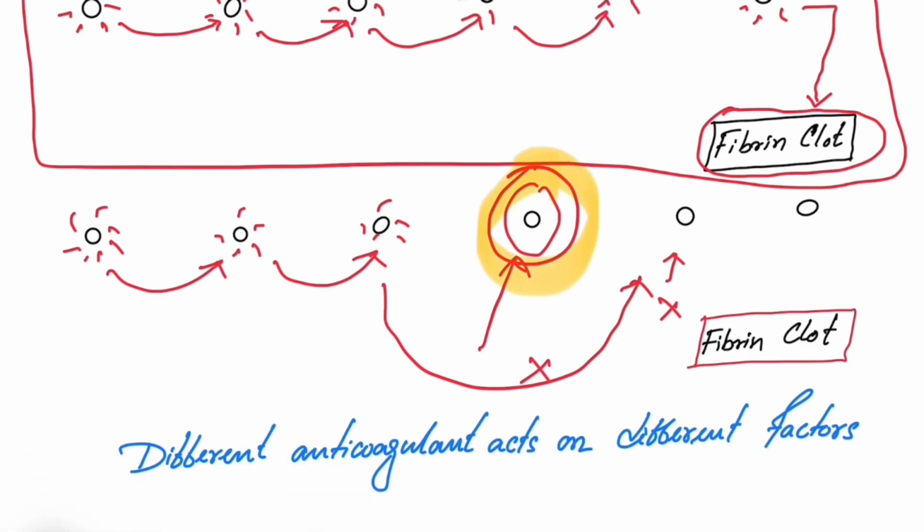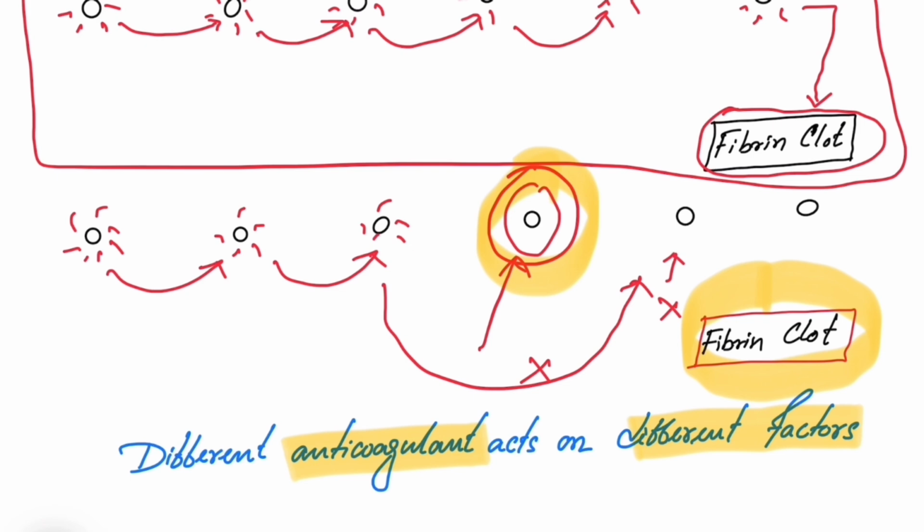So the fibrin clot will not form because of the unavailability of one of the 13 coagulation factors. Anticoagulants act like that. And remember, different anticoagulants will act on different clotting factors.